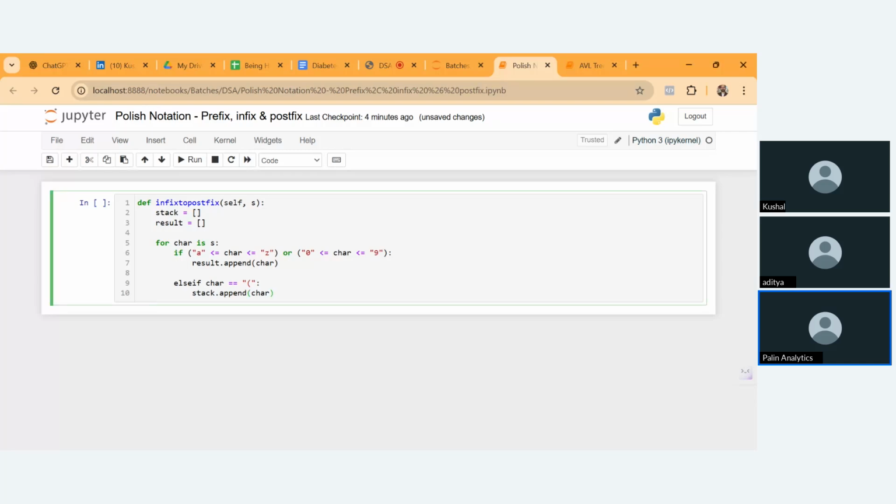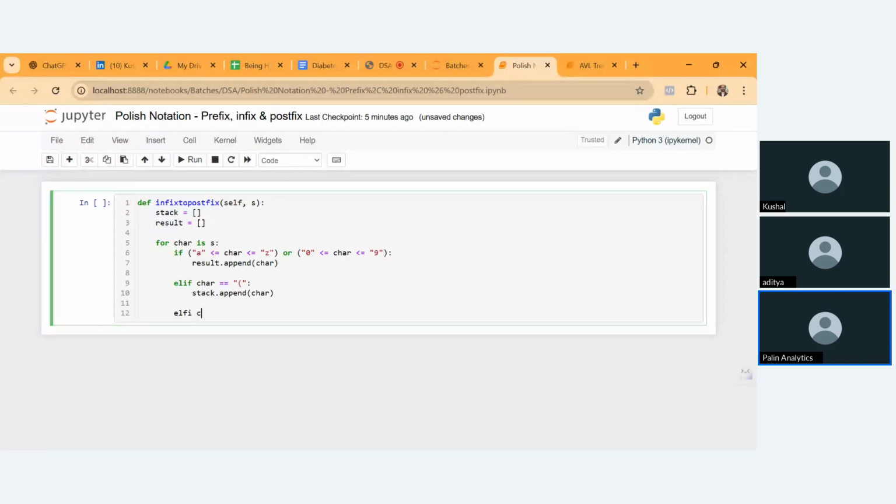If the character is a closing bracket, so we'll do elif character is equal to closing bracket.